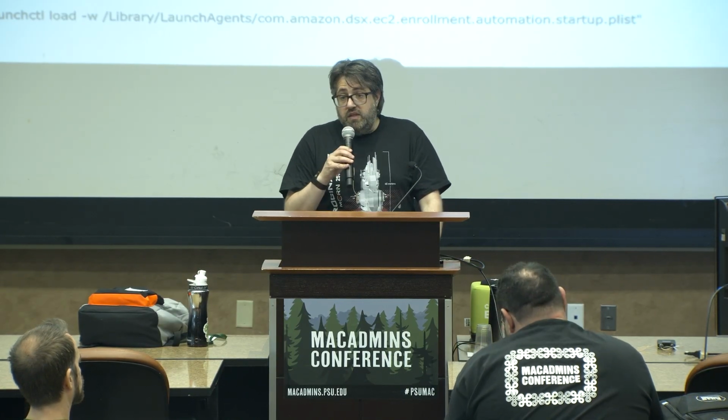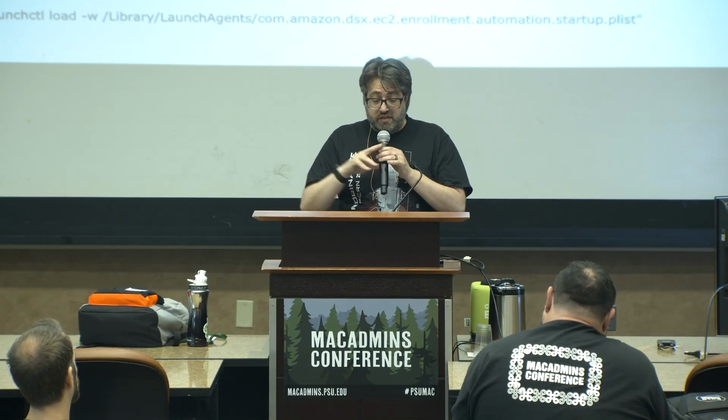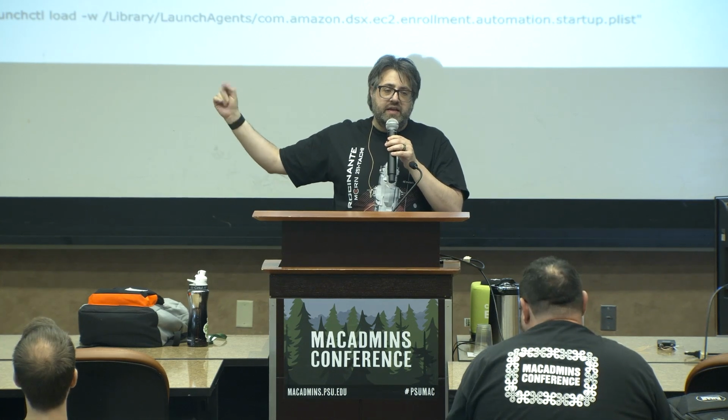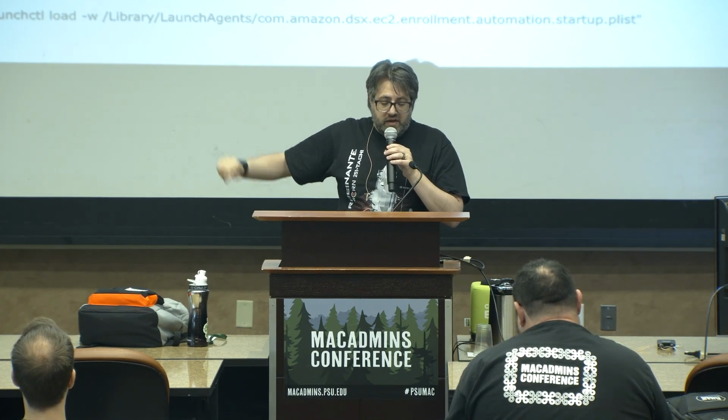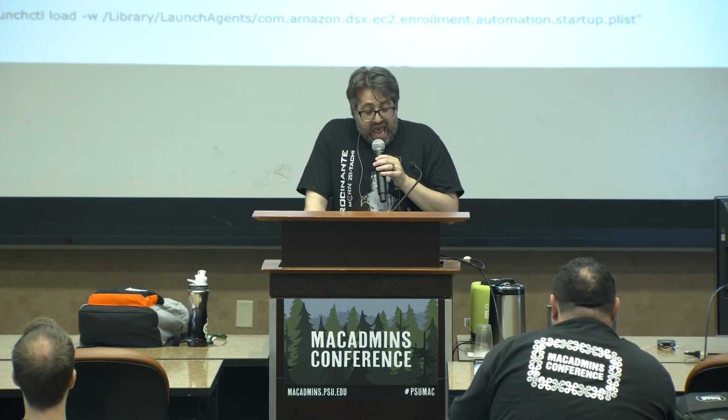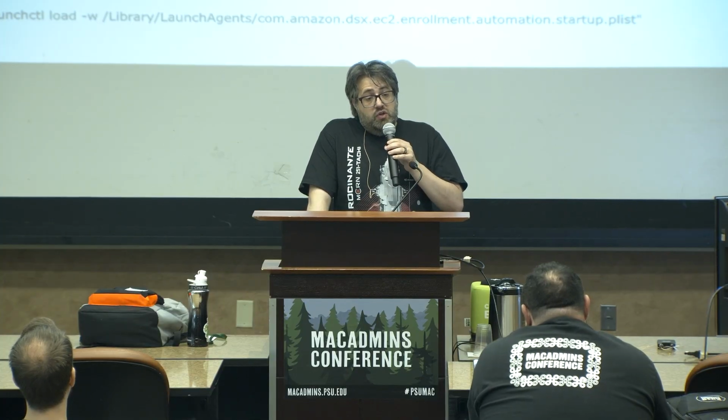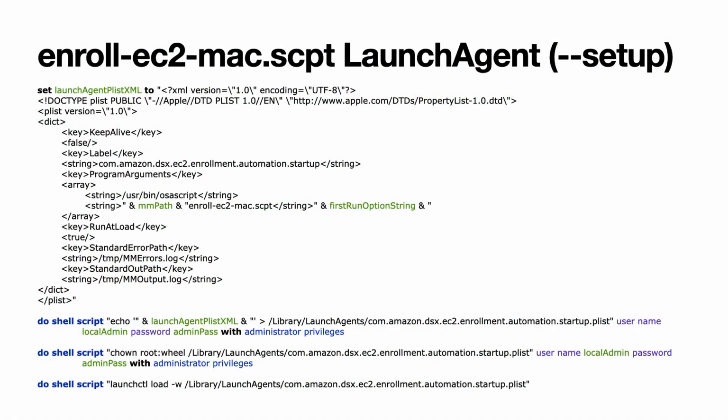In the case of this, we're operating the screen, so it does have to be a launch agent. In this case, it is writing that automatically. It's setting all the permissions that it needs as well.